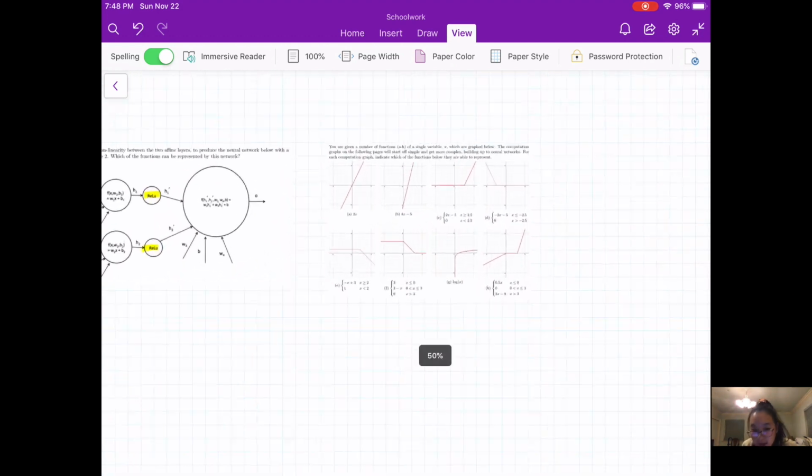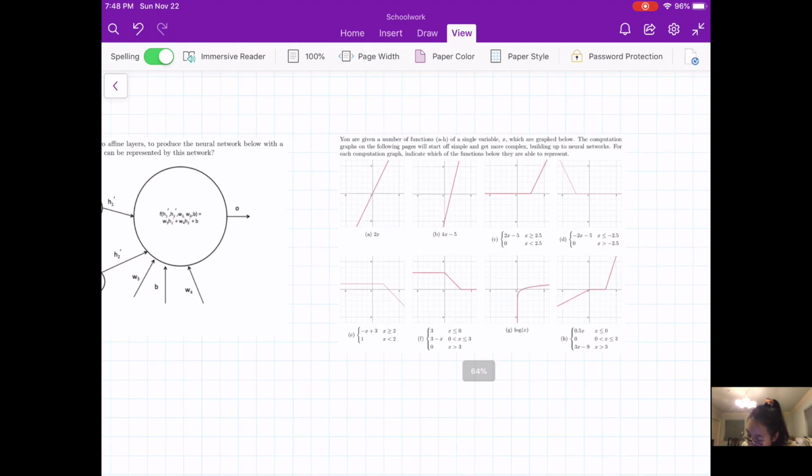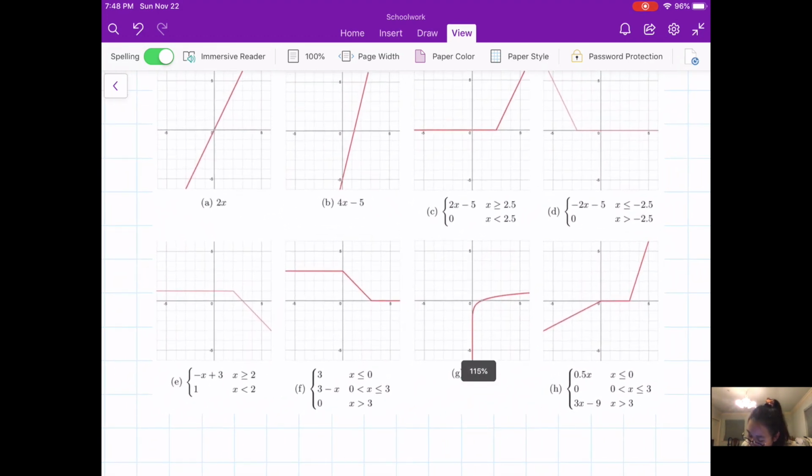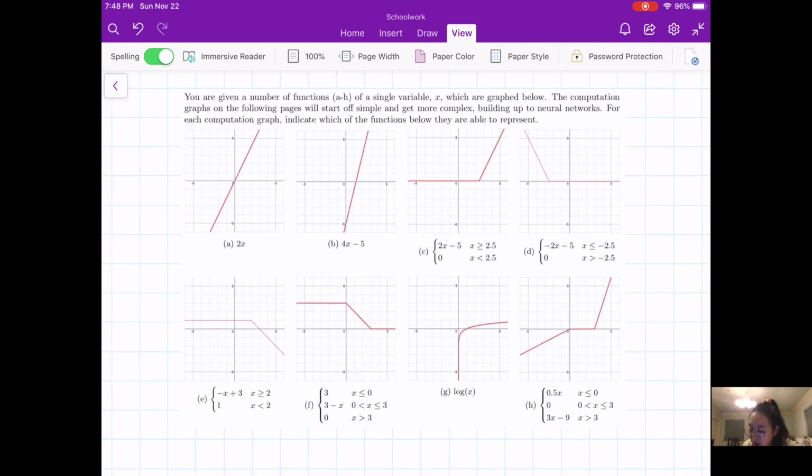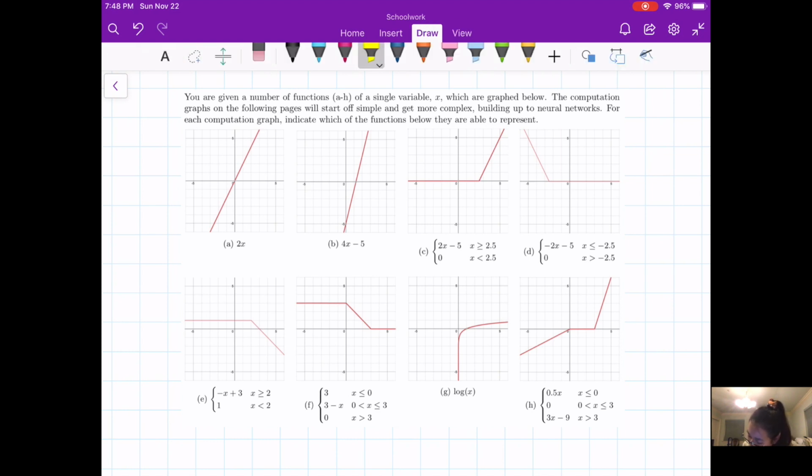So if we look here, we can see now we are able to do the situation where we have 2 functions. So like h right here, where we have a 0.5x and a 3x minus 9, because we have 2 nodes in the previous layer. So that means we can input those 2 nodes and then be able to represent them accordingly.